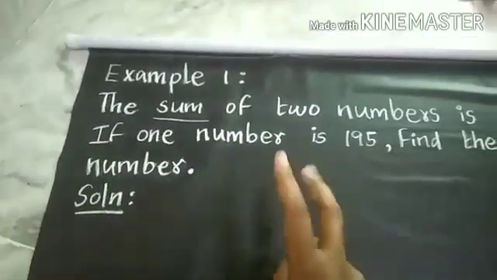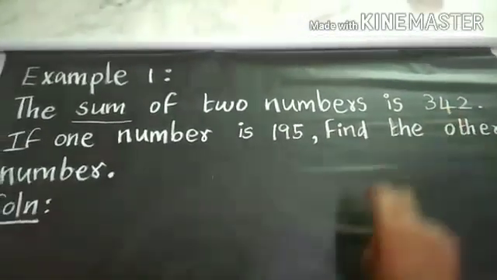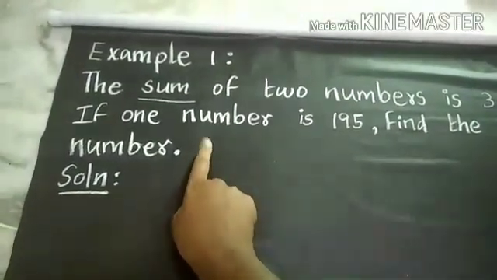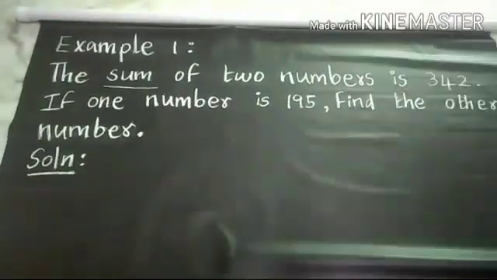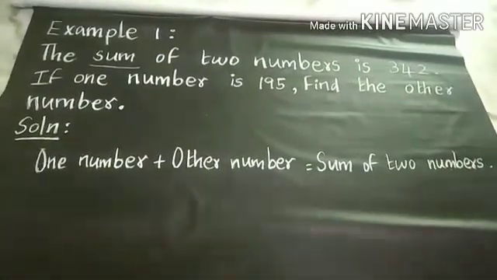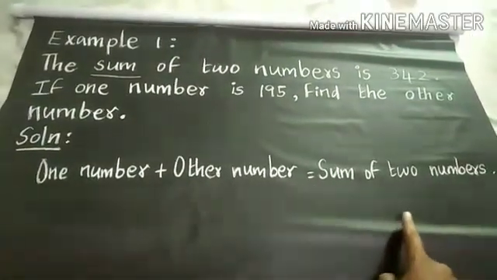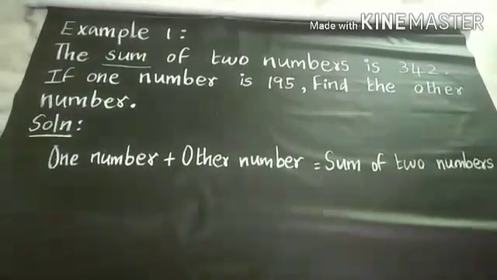If we add one number and the other number, we get 342. In this problem, one number is given, that is 195. We have to find the other number. Listen, student. Add one number to the other number, we get the sum of two numbers. Okay.